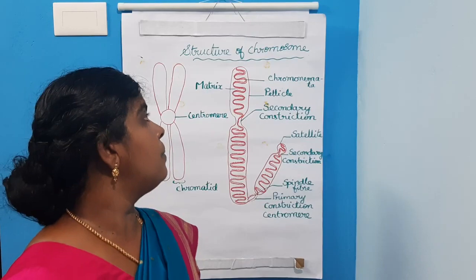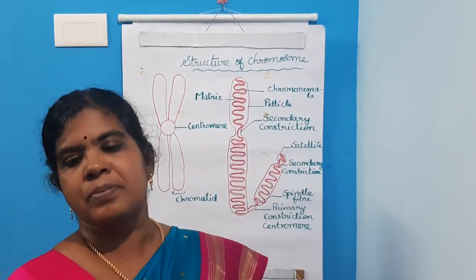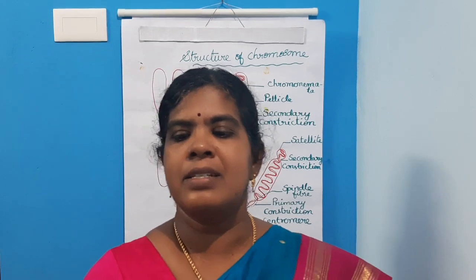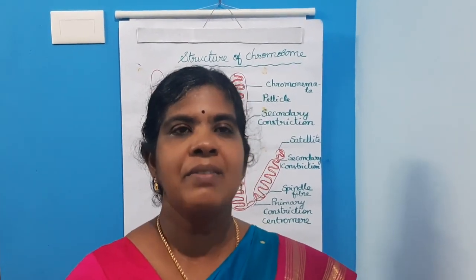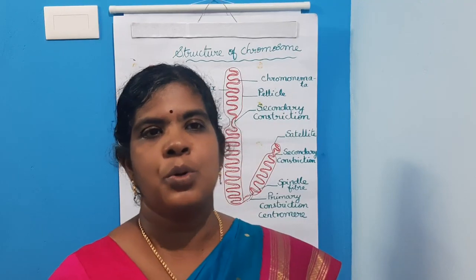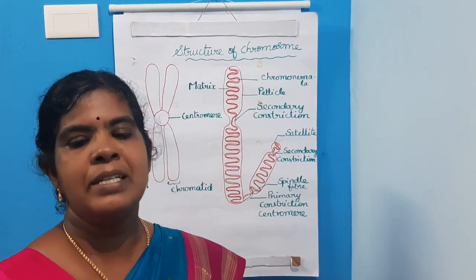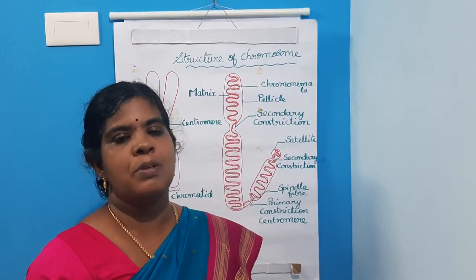Next, telomere. The end of the chromosome is called the telomere. The telomere helps prevent the chromosome from joining the adjacent chromosome. It maintains and provides stability to the chromosome.